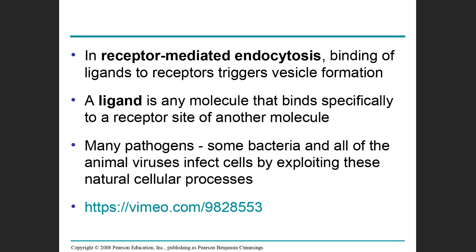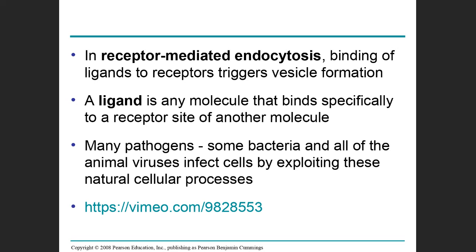Unfortunately, many pathogens, many disease-causing organisms, like bacteria and animal viruses, exploit this natural process in order to infect cells. And I did mention this last time as well. So a virus lands on one of these receptors, and the cell just thinks, oh, goody, this is something that I want to eat.